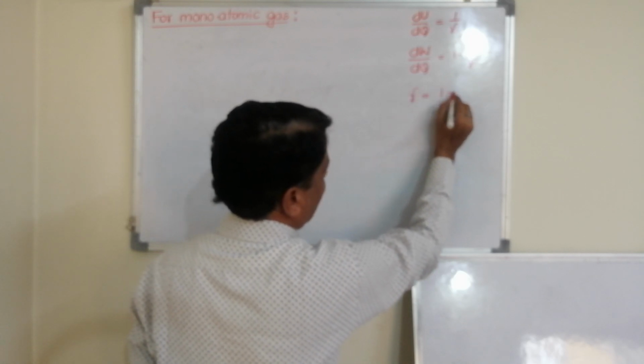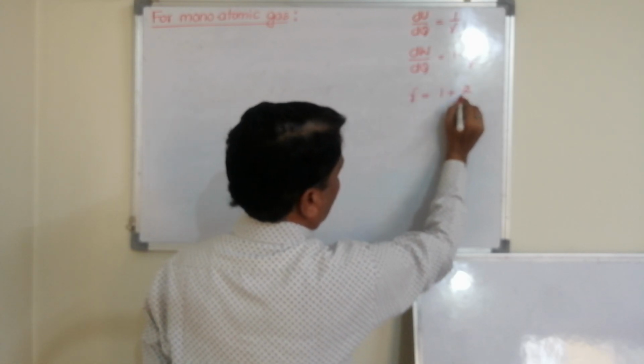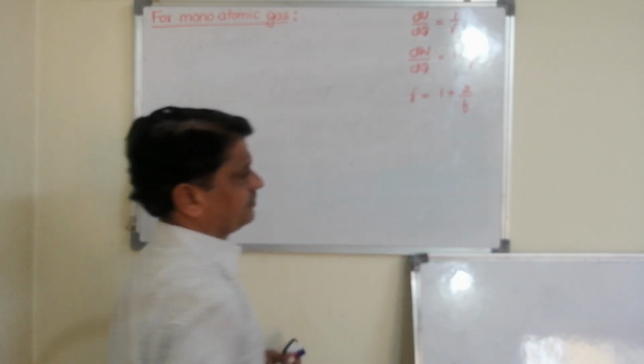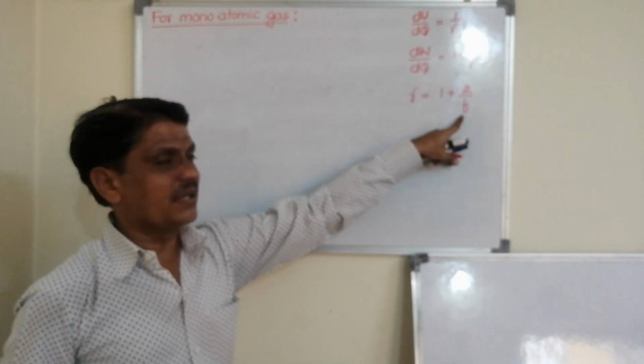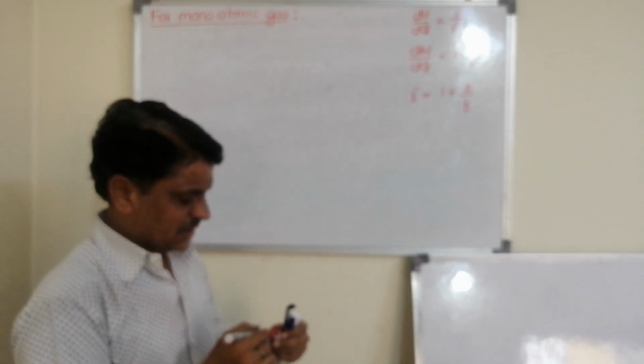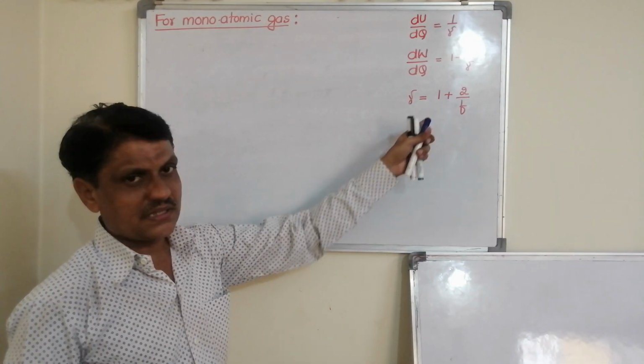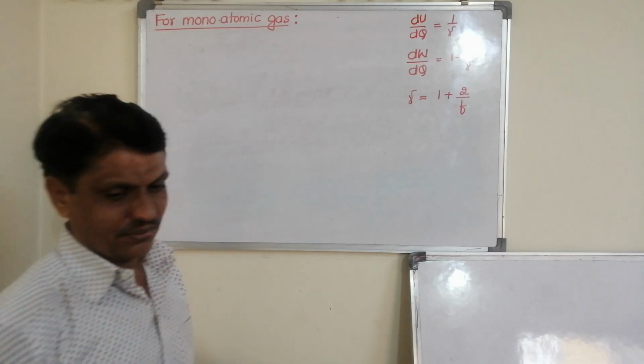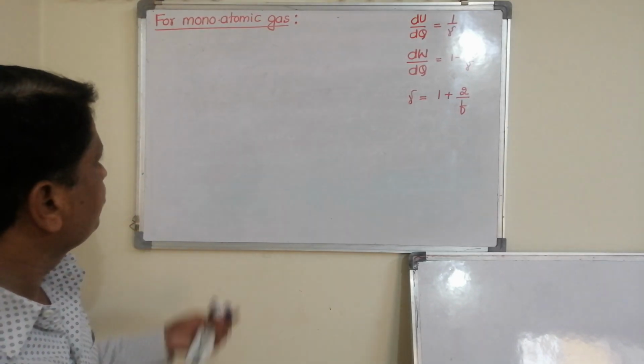Gamma is nothing but 1 plus 2 by F, where F is nothing but degrees of freedom. So that we have arrived in previous topic videos, right?